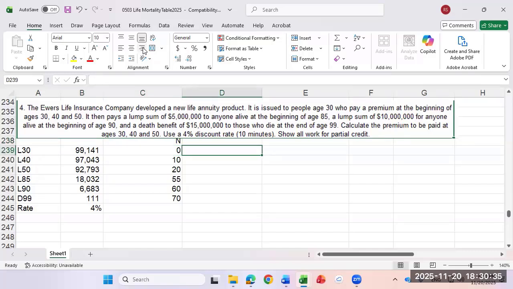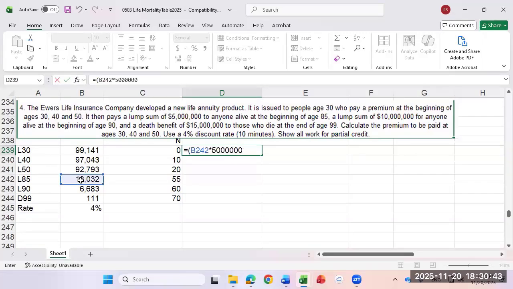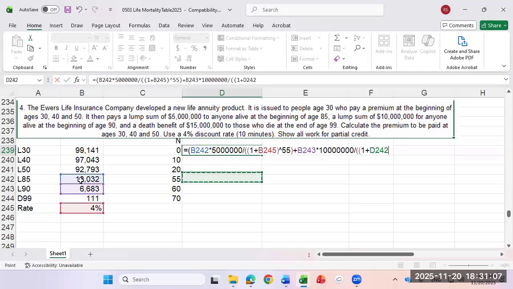So we're going to do L85 times $5 million divided by 1 plus the rate raised to the 55, plus L90 times $10 million divided by 1 plus the rate raised to the 60.